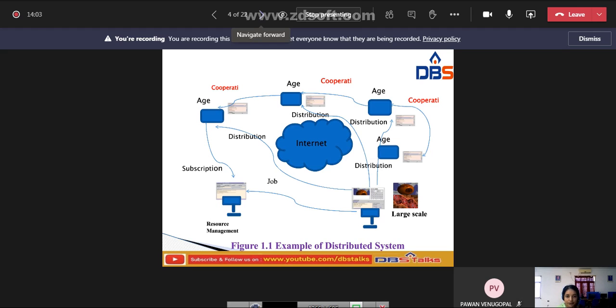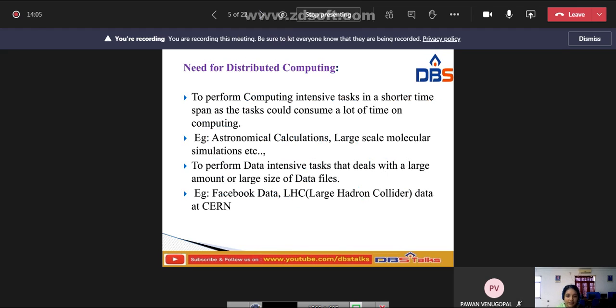So next, coming to the need for distributed computing. To perform computing intensive tasks in a shorter time span, as such a task could consume a lot of time on computing.